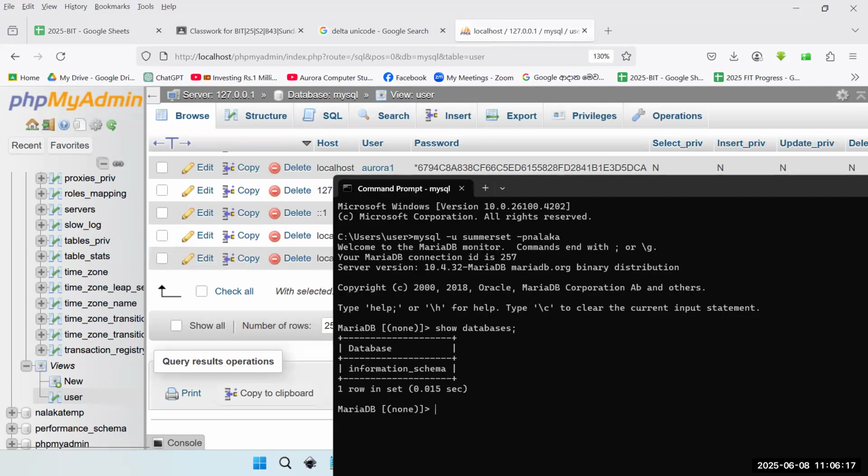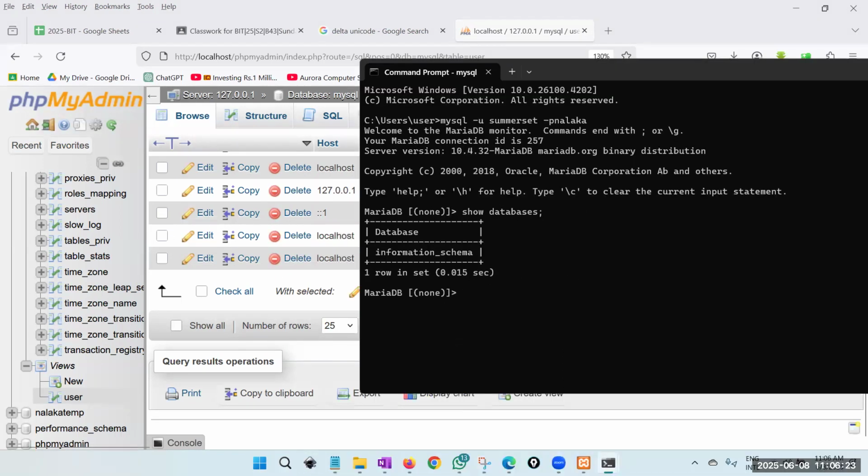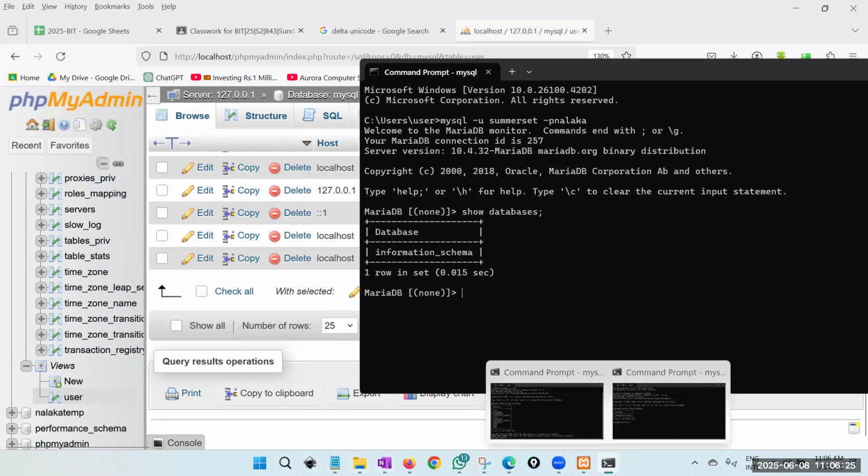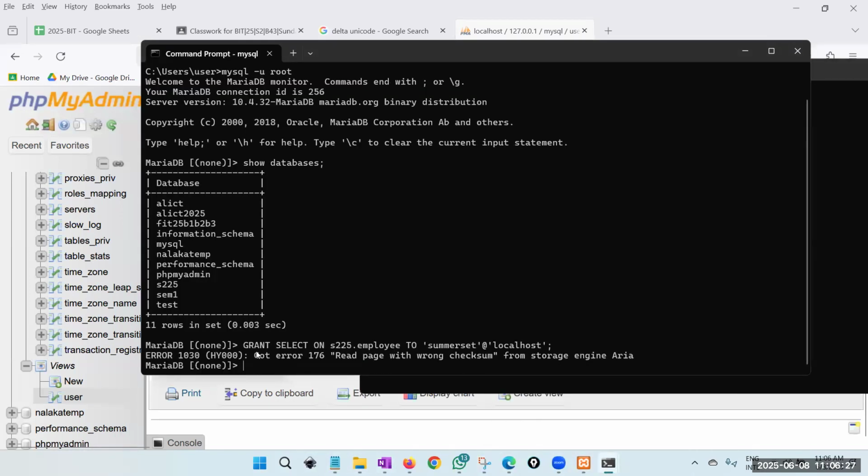Somerset, correct, right? Grant select on S225.employee to Somerset at localhost.